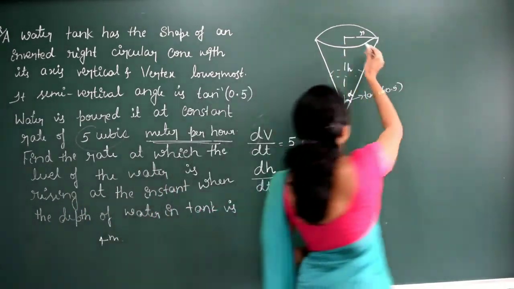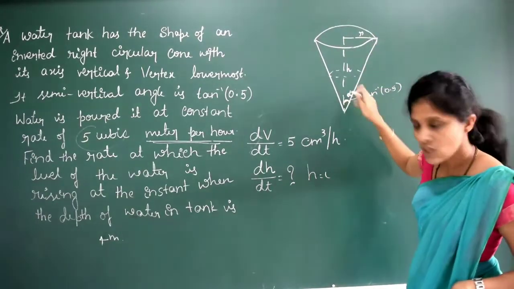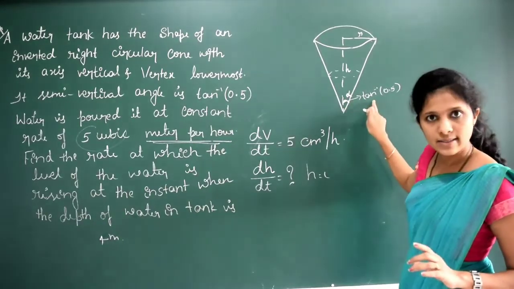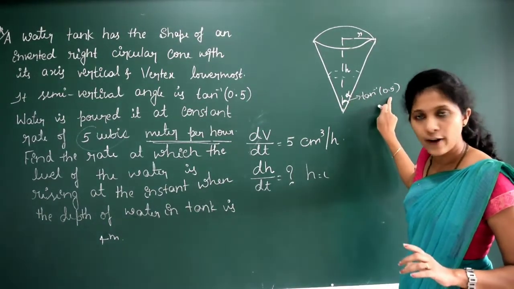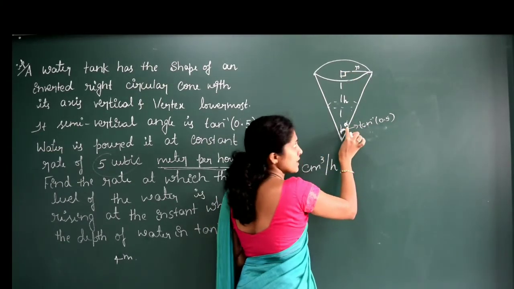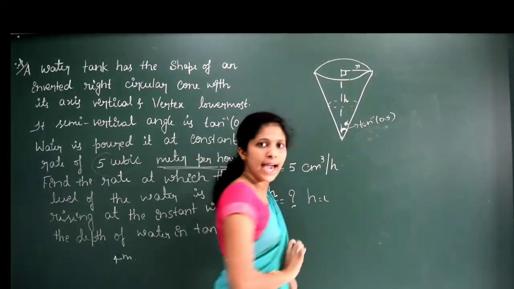Is it clear? So here this is the radius, so this will be r, and this is the height h, and the semi-vertical angle is given, that is alpha as tan inverse of 0.5. Now here is a right angle triangle, and this angle is alpha, so this will be the opposite side and this will be the adjacent side.